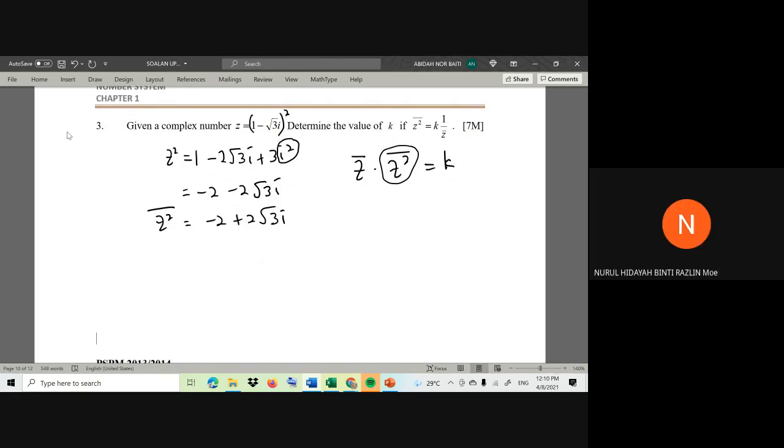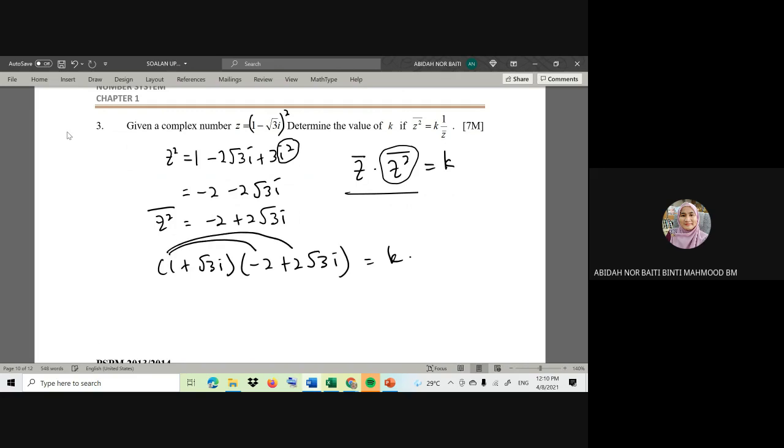Sama. Okay, and then we use this equation. Z bar is 1 plus root 3i. Okay, Z squared bar is negative 2 plus 2 root 3i. Okay, this is equals to K. Lepas tu, expand one by one saja.